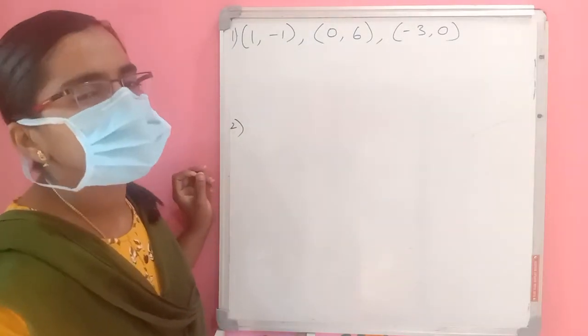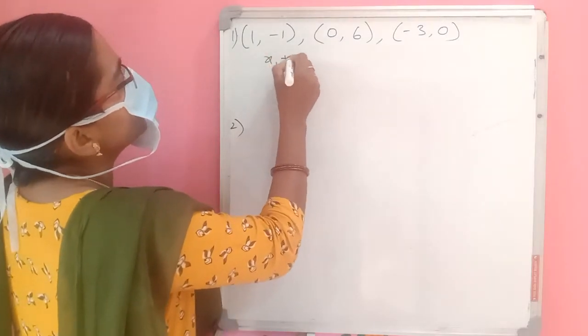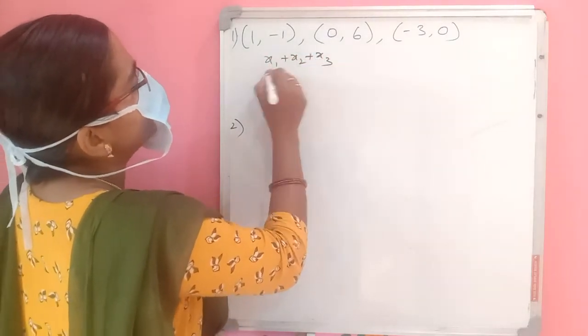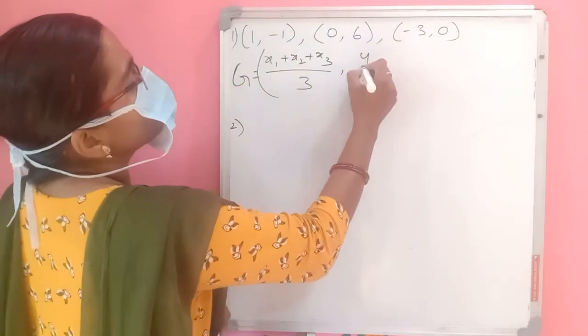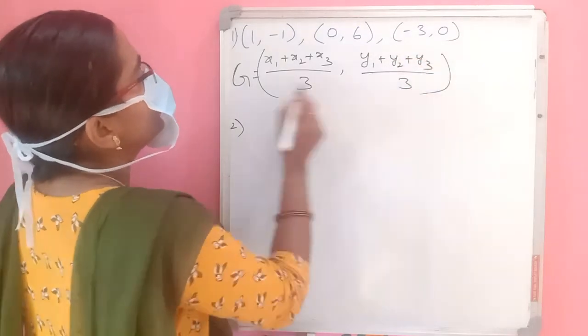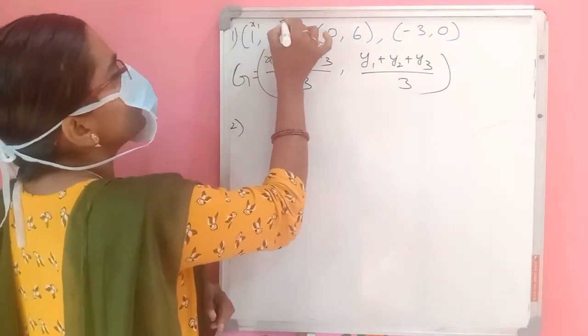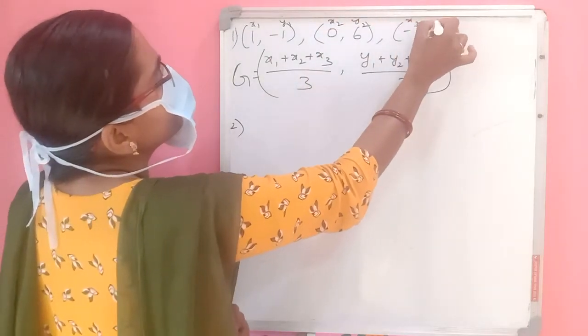Here these are the vertices of a triangle. Find the centroid of that triangle. We know the centroid formula: G is equal to (x1 plus x2 plus x3) by 3, comma, (y1 plus y2 plus y3) by 3. This is x1 y1, this is x2 y2, this is x3 y3.